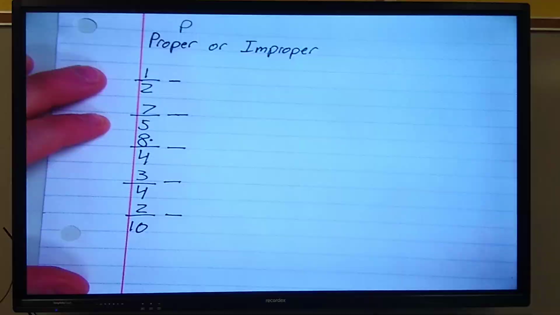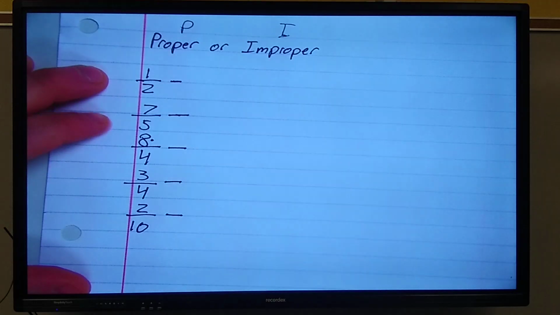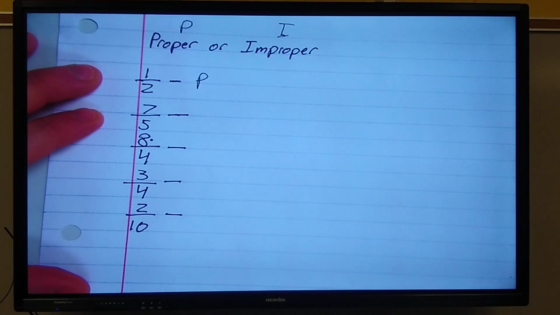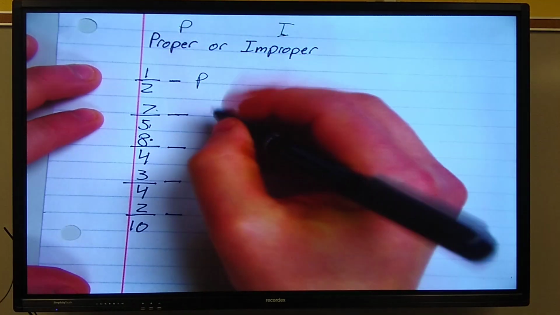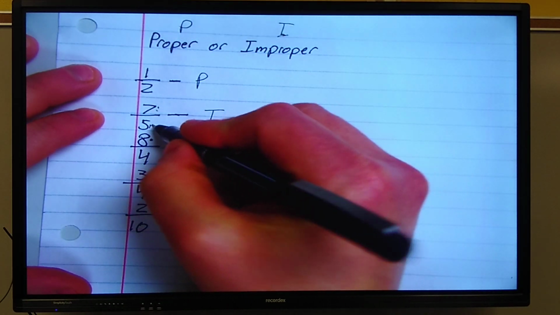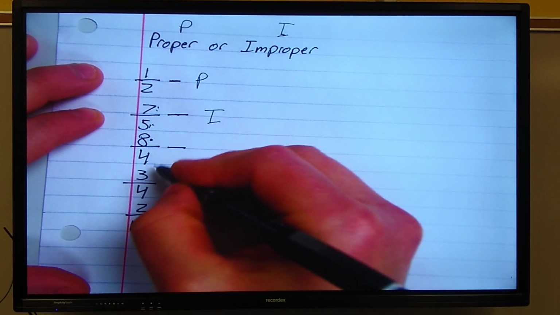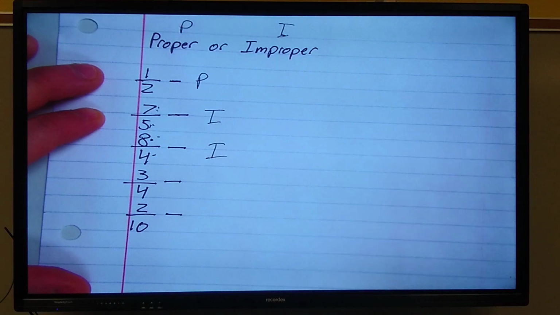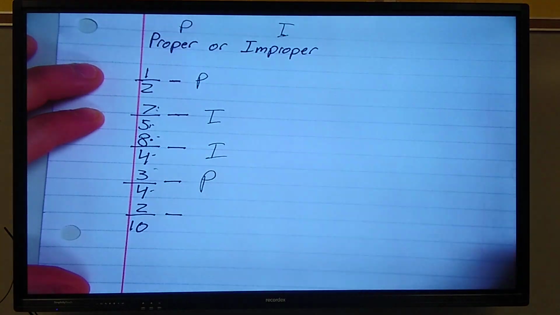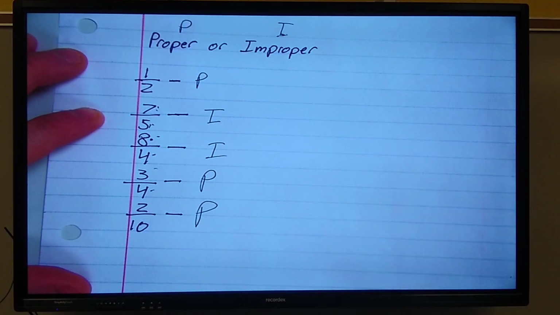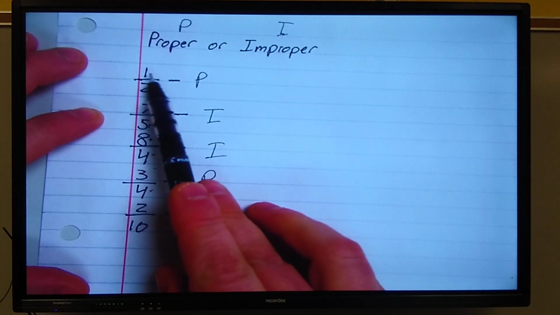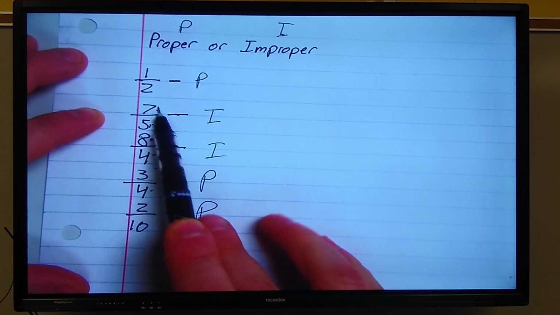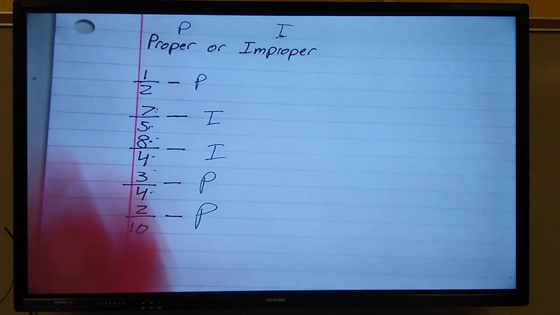I'm going to put P for proper and I for improper. 1/2 proper. 7/5 improper because 7 is bigger than 5. 8/4 improper because 8 is bigger than 4. 3/4 proper. 2/10 proper. A proper fraction is when the numerator is less than the denominator. An improper fraction is when the numerator is greater than the denominator.